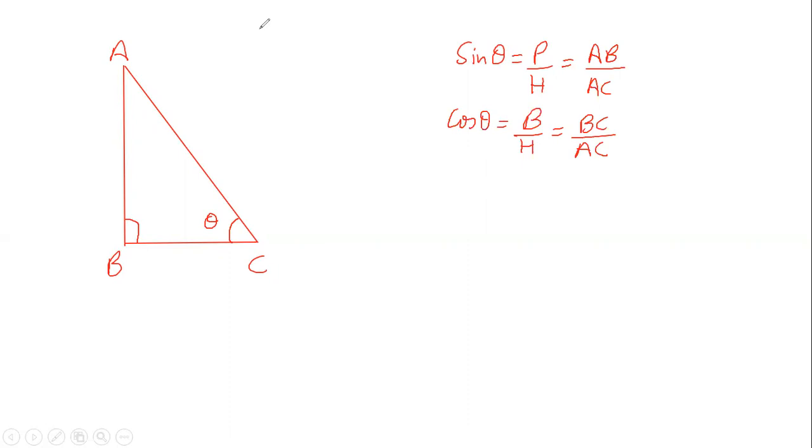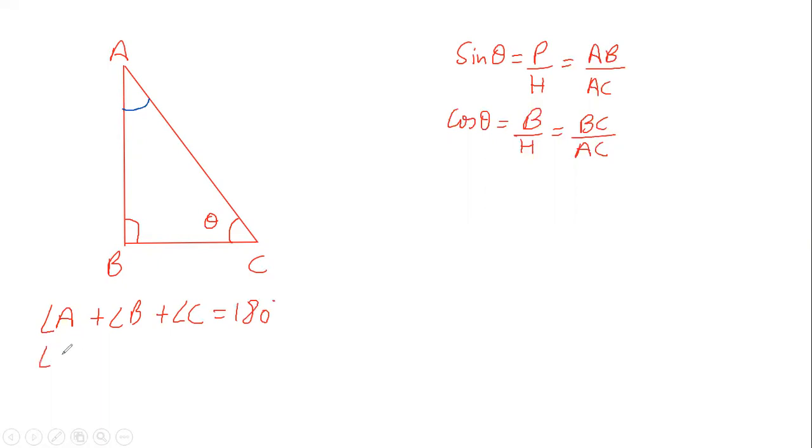Now the point that you need to understand here is, let's say this angle C is theta and this B is 90. If I try to figure out angle A, I know the sum of all three angles in a triangle is 180 degrees. So angle A plus angle B plus angle C has to be 180 degrees.